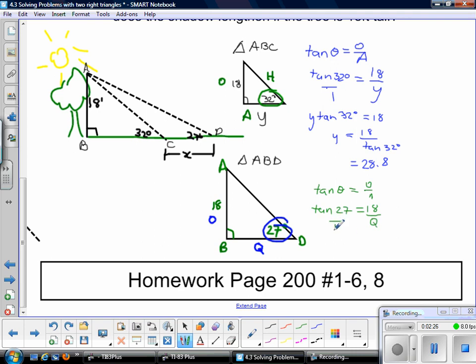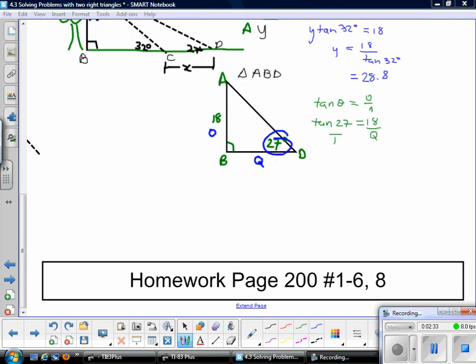Again, when we cross multiply, we end up with Q times tan of 27. So we have Q tan of 27 equals 18. Divide both sides by the tan of 27. And when we do that, we end up with a grand total of 35.3.